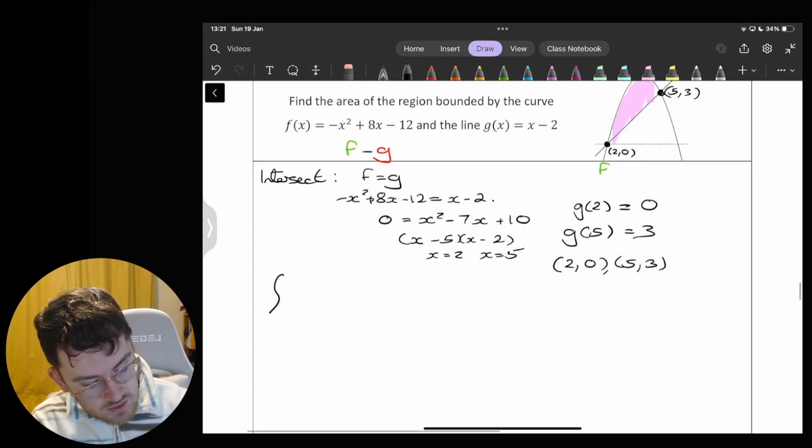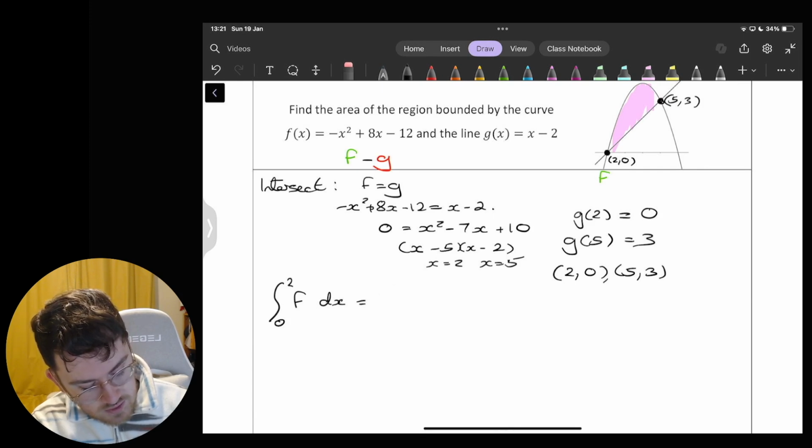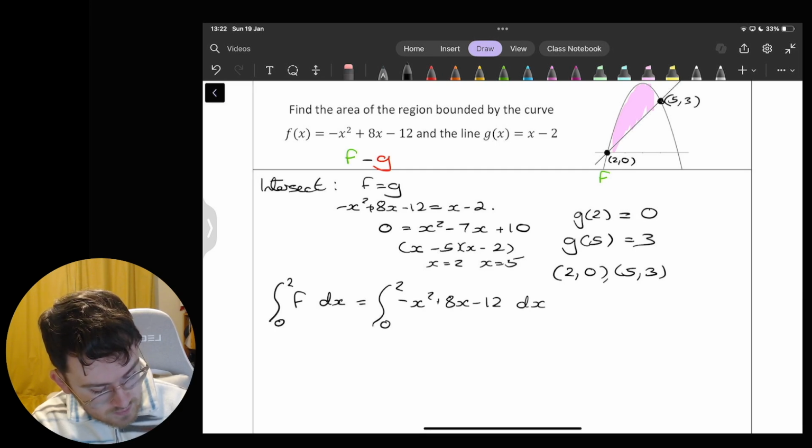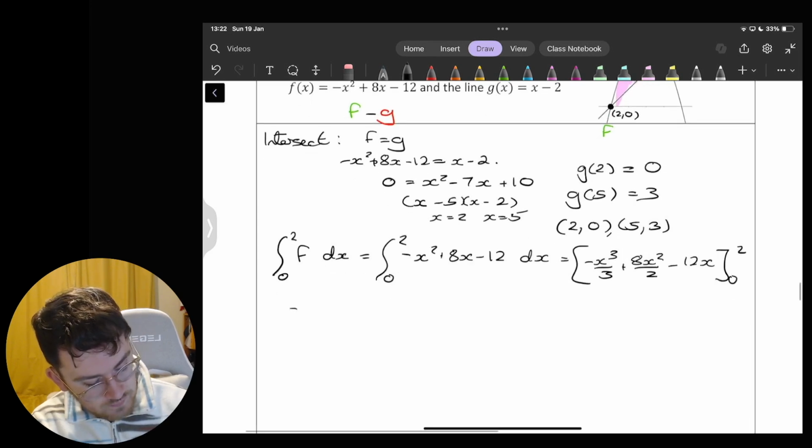We are going to take the integral of f from 0 to 2 minus, so let's look at that first. That's going to be the integral of minus x squared plus 8x minus 12 dx, which is minus x cubed over 3 plus 8x squared over 2 minus 12x, evaluated at 0 and 2.